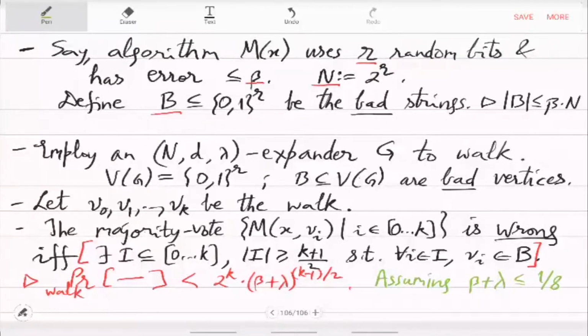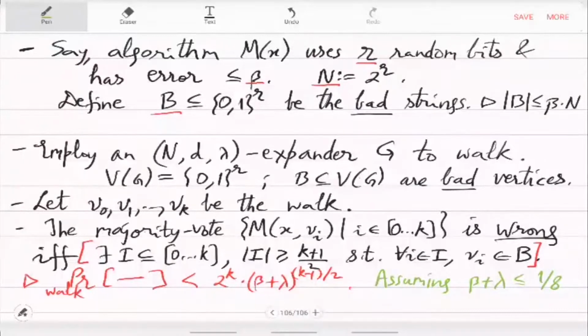You can easily assume that the error in the algorithm, beta, was, let's say, less than 1/16, and lambda also is less than 1/16 for the expander graph.